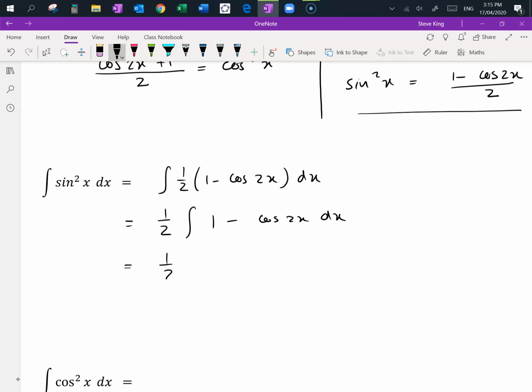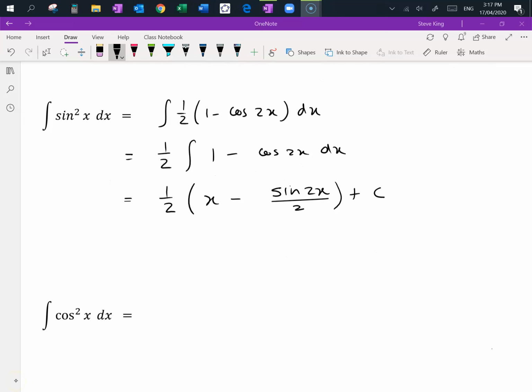And so that's going to give me a half. What did I integrate to get 1? Well, I integrated x to get 1. What did I integrate to get minus cos? Well, that would have had to be minus sine 2x, and that would all have to be over 2. And then that's going to have a c added on the end.